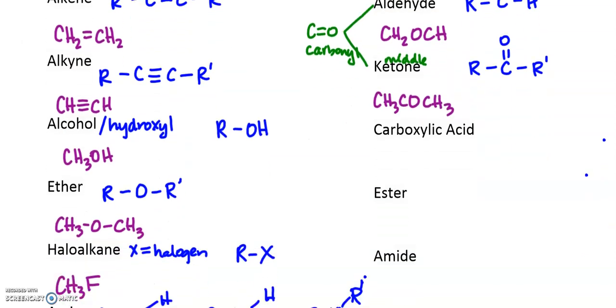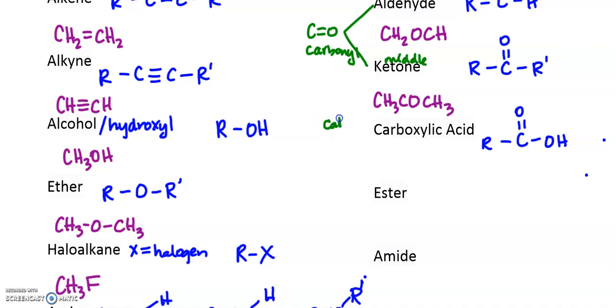All right, so a carboxylic acid is when we have a carbon double bonded to O, and then bonded to a hydroxyl group somewhere on the end of your chain. So I like to think of it as a carbonyl and an alcohol combined.